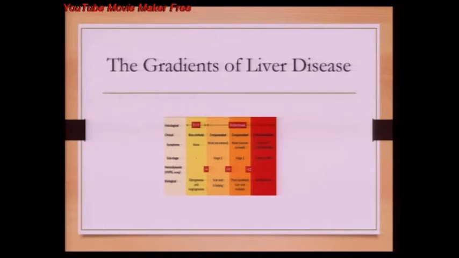The things I want to make clear are, okay, here we go. So as fibrosis increases from here to here, as we go from stage 1, 2, 3, 4 in a biopsy, we're going from non-cirrhotic, compensated cirrhosis, decompensated cirrhosis clinically. On symptoms, we're going from probably none to starting to have them to having them in spades.